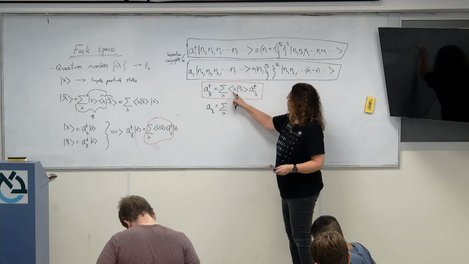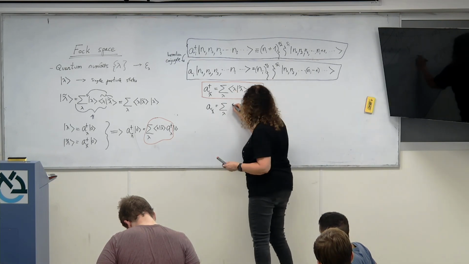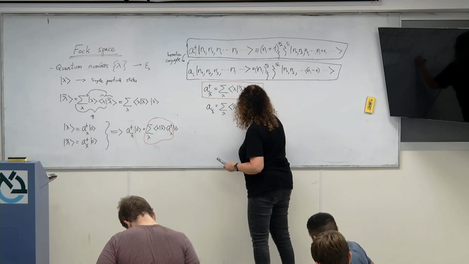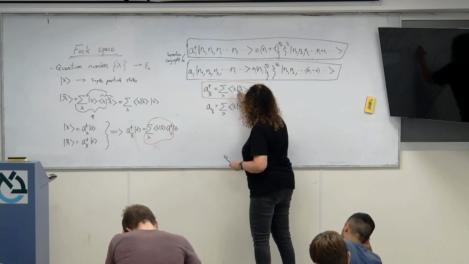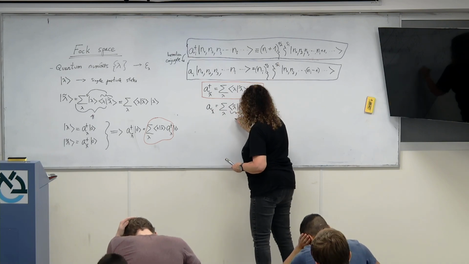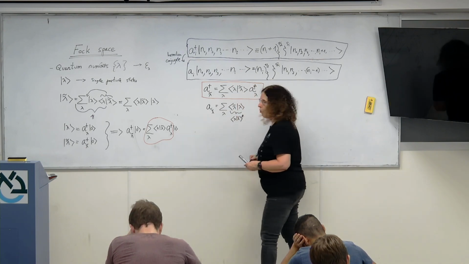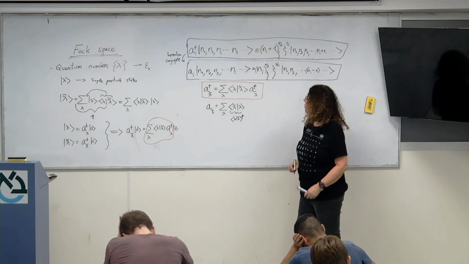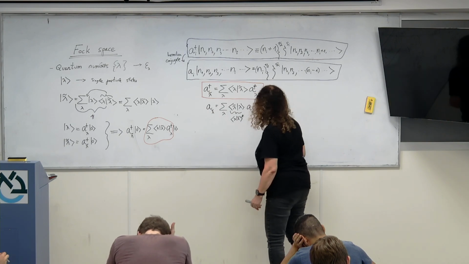Now, be careful, this is a complex number, so I have to switch the two, or equivalently just say this is the same coefficient complex conjugated, times A lambda.